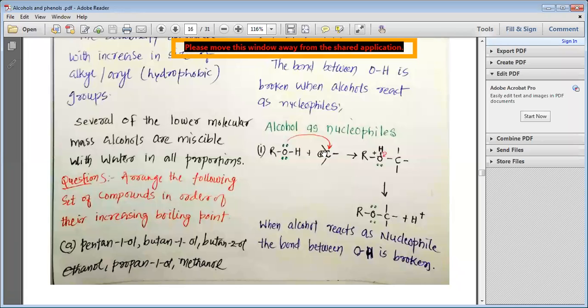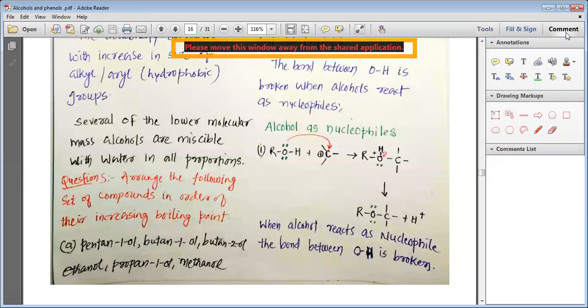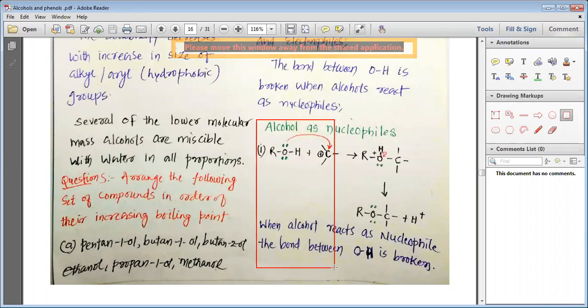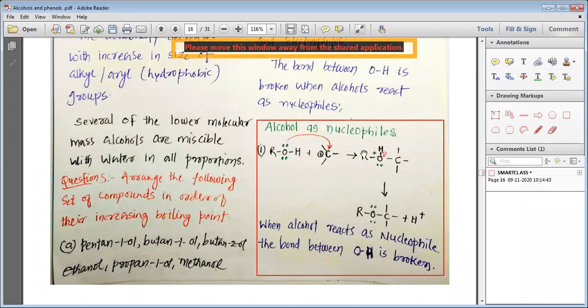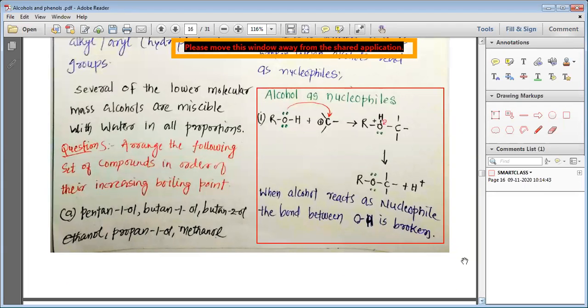So you can see here, my dear students, that when alcohol behaves as a nucleophile, the electrons present on oxygen attack the carbon with the positive charge, and then you get an addition product in which the hydrogen is removed and the carbon is added to the alcohol.